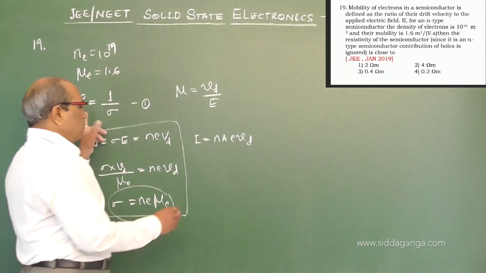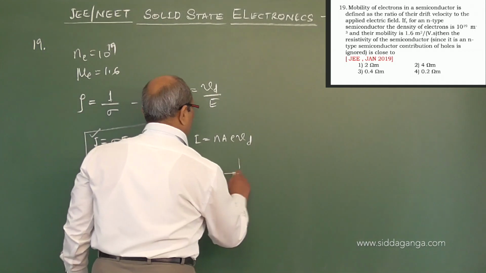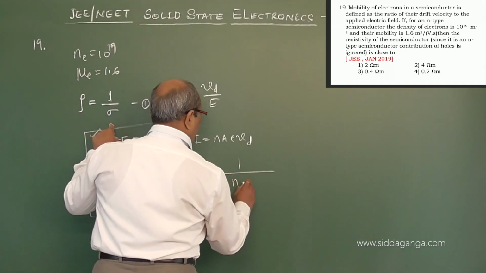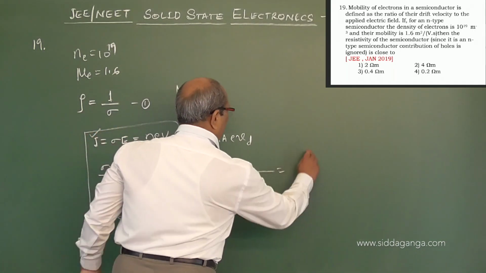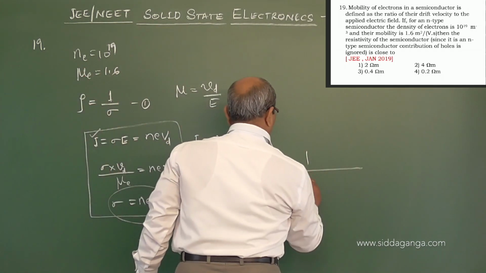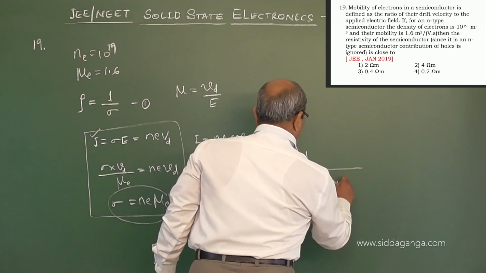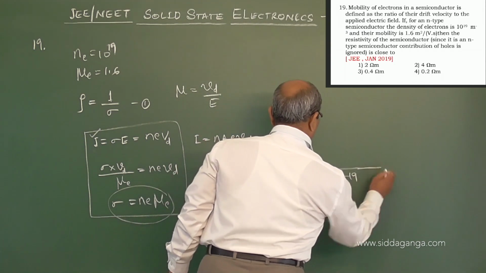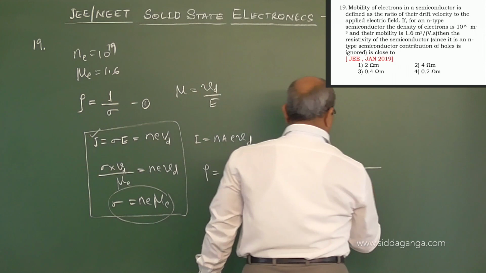Therefore, resistivity is equal to 1 by NE mu, 1 upon 10 power 19 into 1.6 into 10 power minus 19 into 1.6 again.